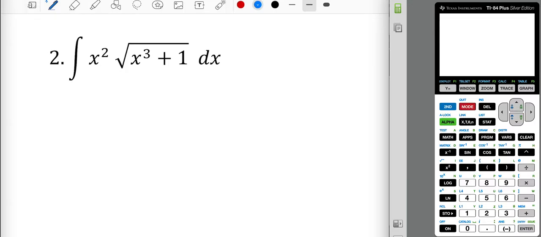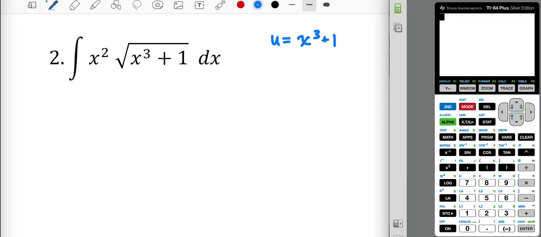As it turns out, if we let u equal x cubed plus 1, not the radical, but the radicand, the thing under the radical, then we're going to be in good shape because I can take the antiderivative of the square root of u. That's not a problem.